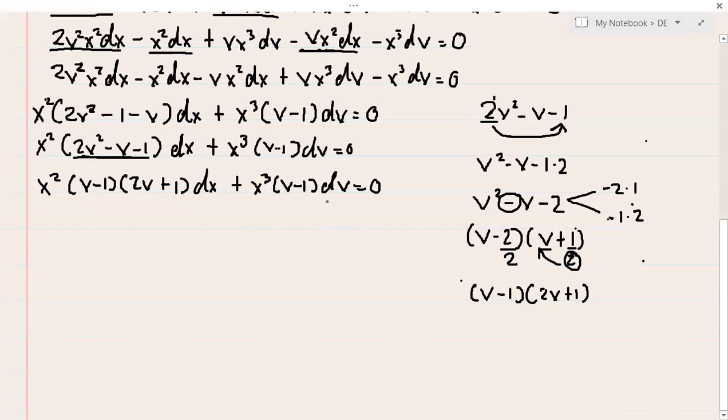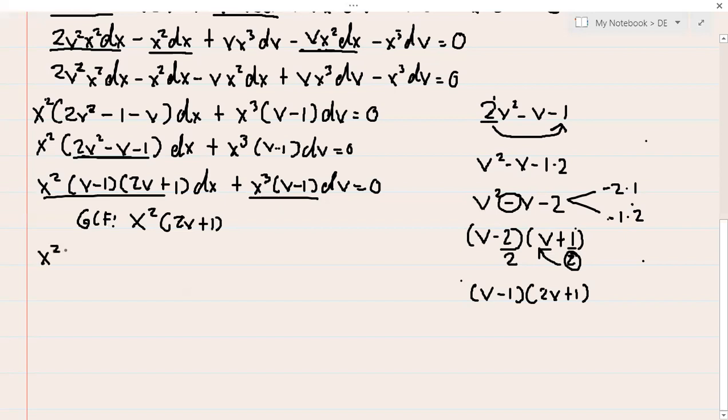Ang greatest common factor nila is that both of them are divisible by x squared times 2v plus 1, which is yan yung greatest common factor nilang dalawa. So hence, we can factor it out.